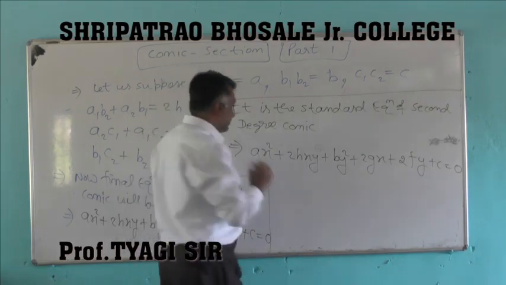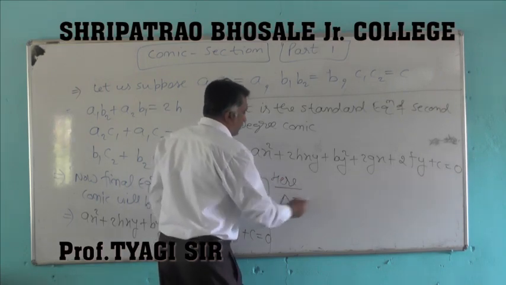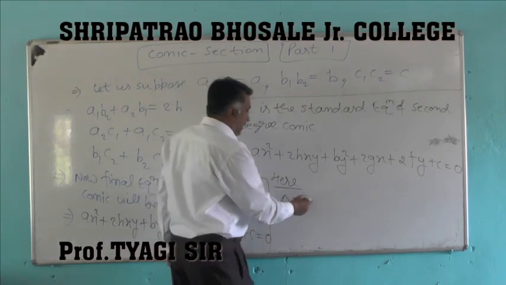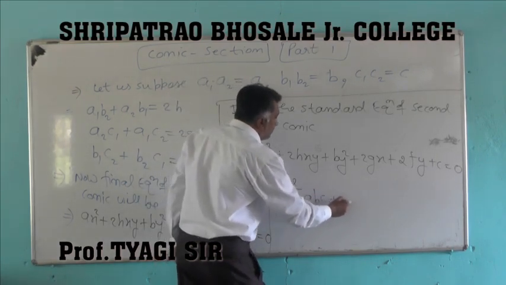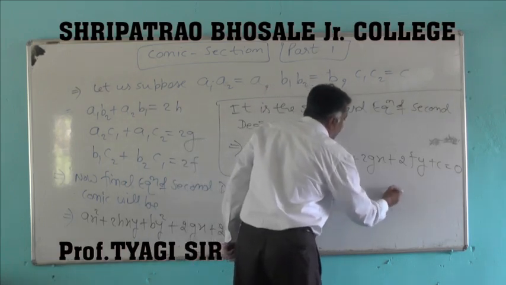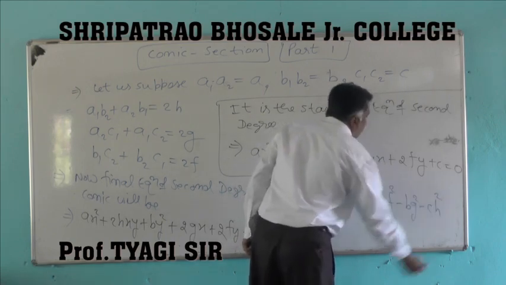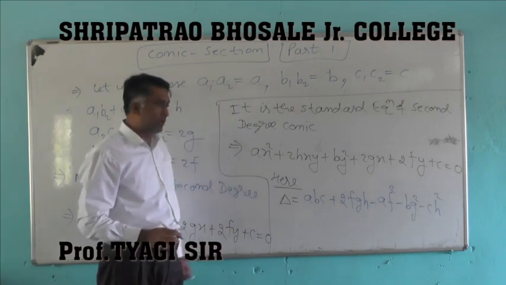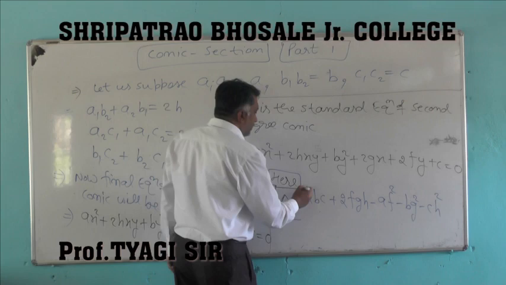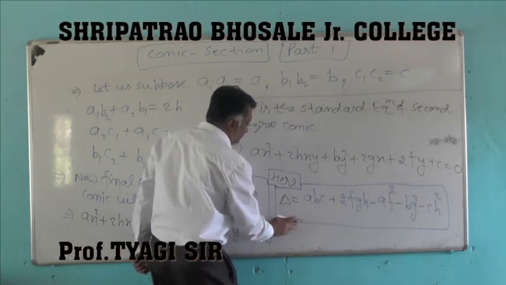Delta is a special term we should remember always: ABC plus 2FGH minus AF square minus BG square minus CH square. It is a very important thing.